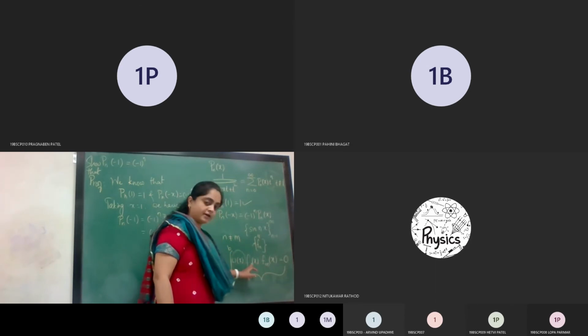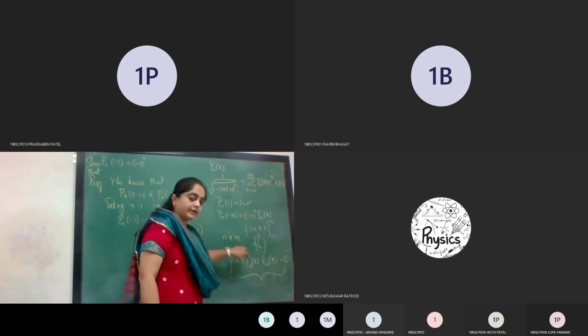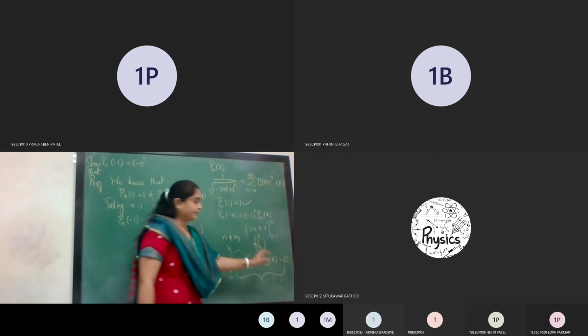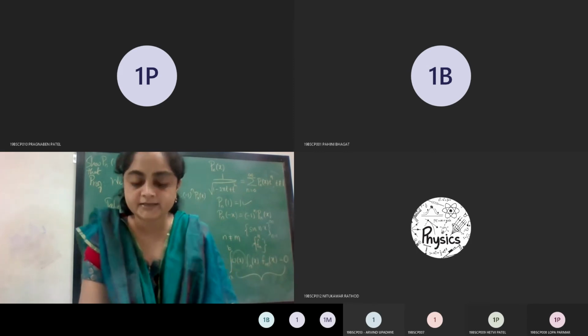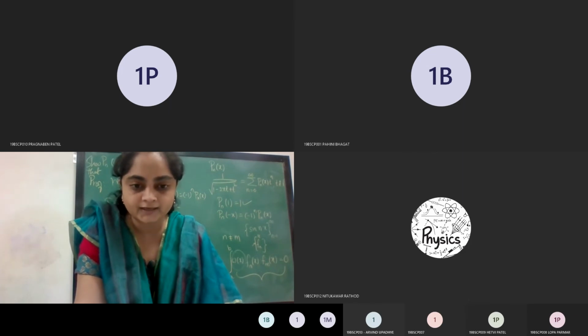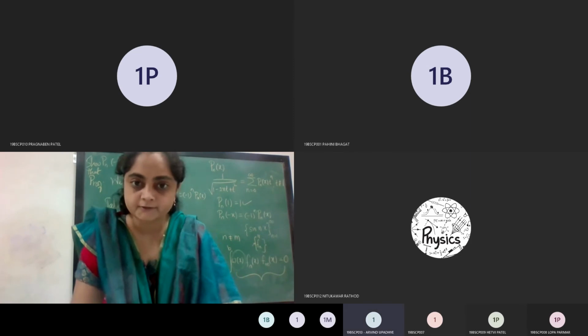Then consider their product together with some weight function. If the integral from a to b turns out to be 0, then fn is called a family of orthogonal functions. So the definition is clear to everyone, what this orthogonality means. You can write your answer in the chat box.